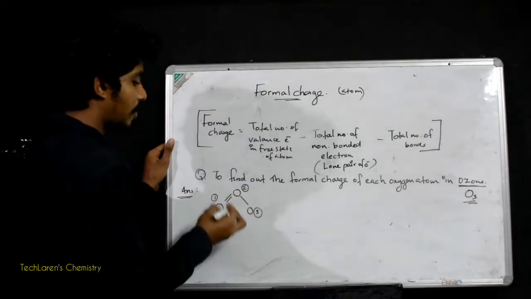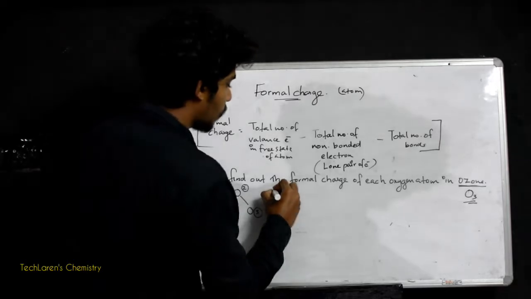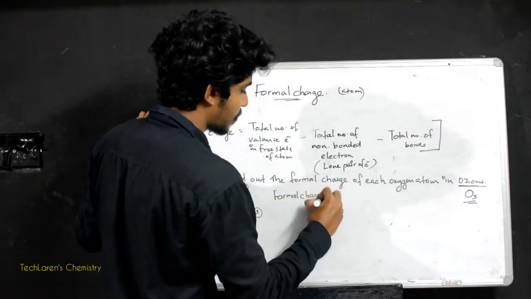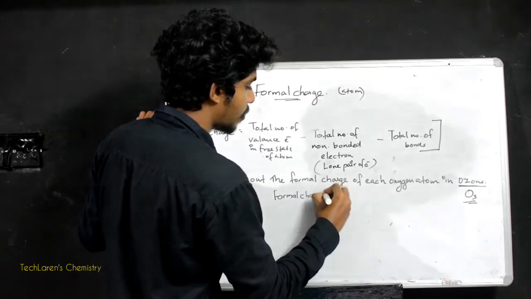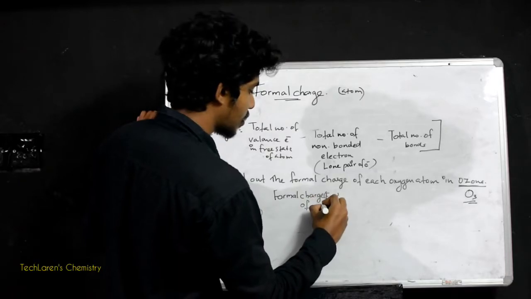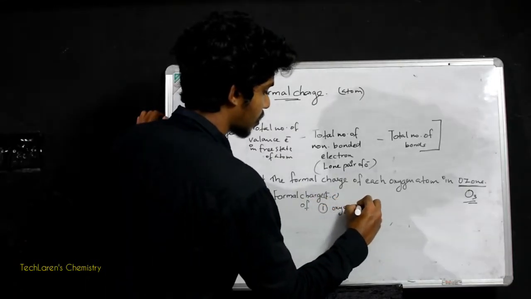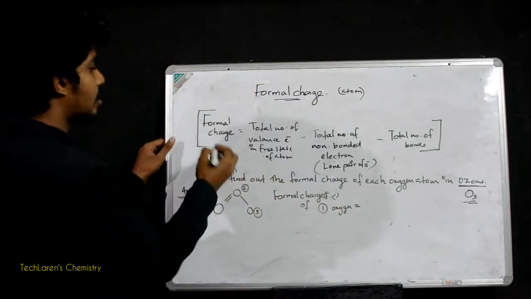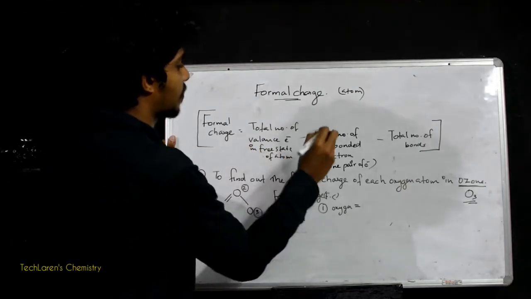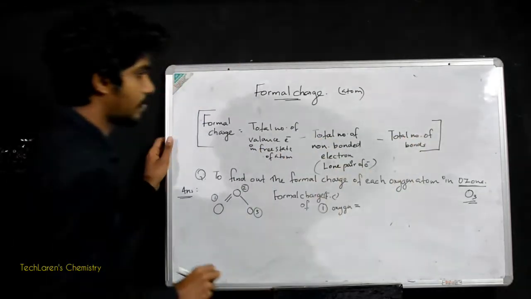First of all, we find the formal charge of the first oxygen. Applying the formula, formal charge is equal to the total number of valence electrons in the free state of the atom minus the total number of non-bonded electrons minus the total number of bonds.